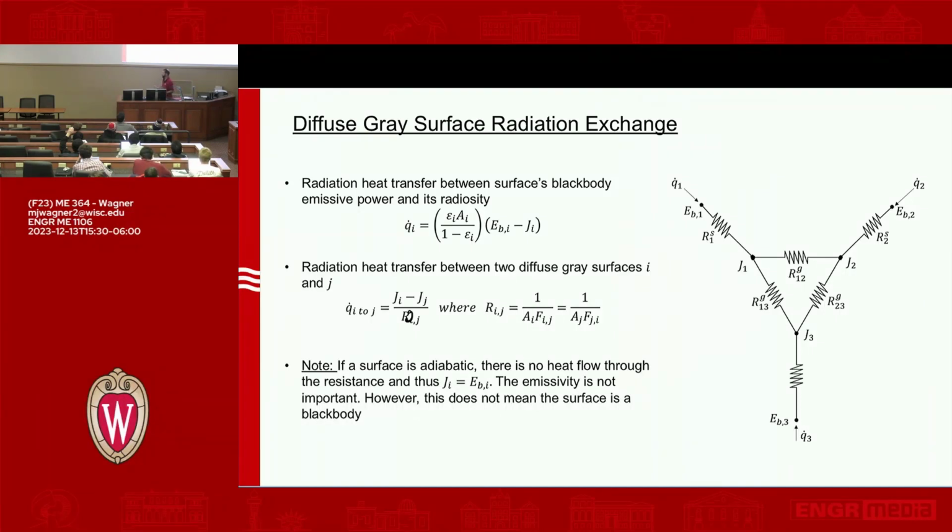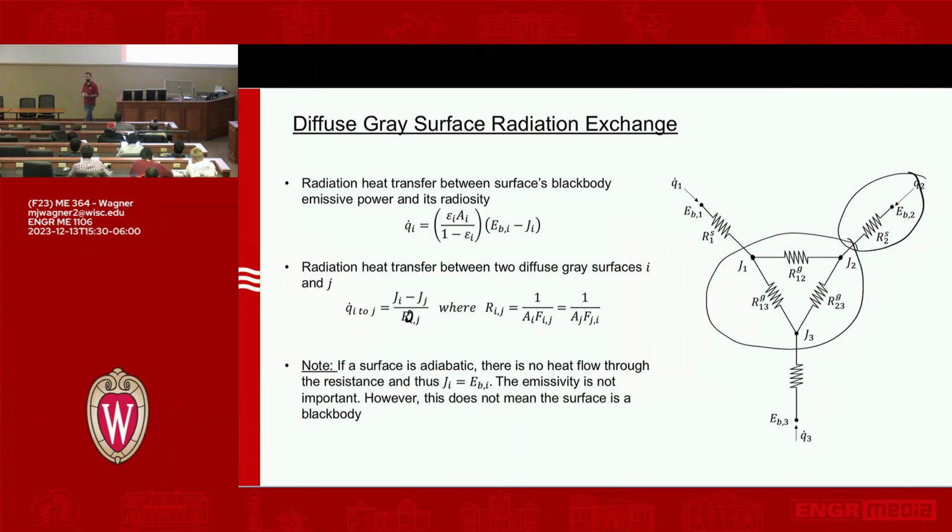So the core thing to keep in mind here is this was the subproblem for black surfaces. When you add emissivity not equal to 1, now you have to add on these virtual resistances, right? Again, this is not heat flowing from one place to another. It's an additional impedance associated with the surface.